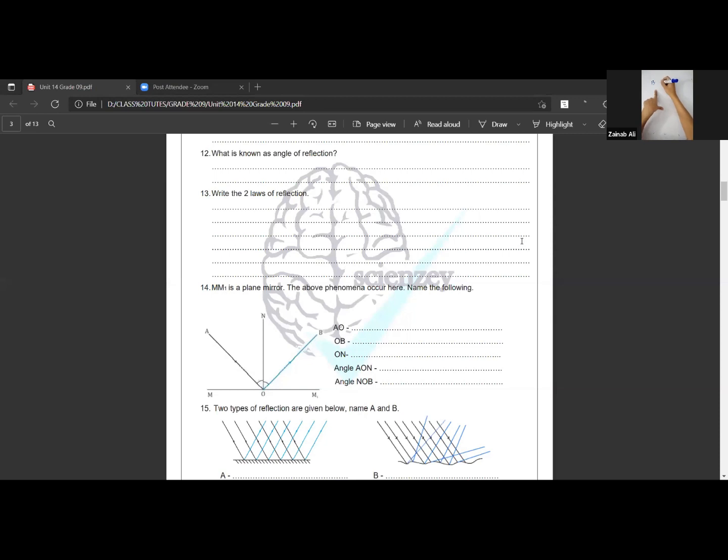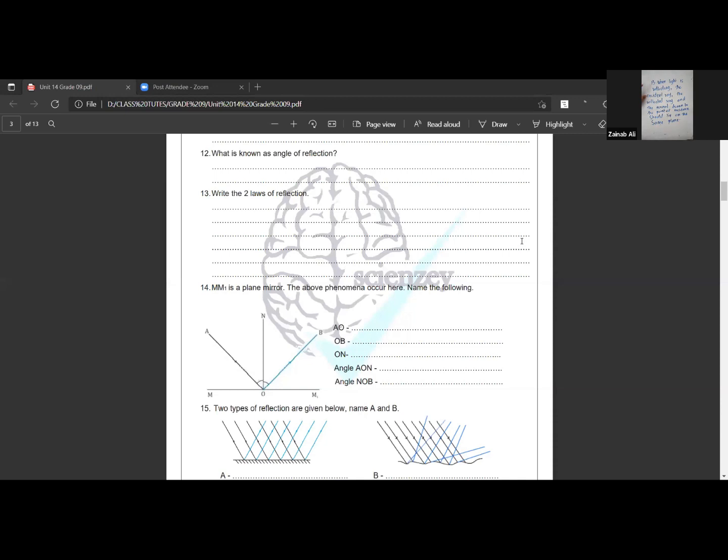When light is reflecting, the incident ray, the reflected ray, and the normal drawn to the point of incidence should lie on the same plane. So this is the first law.